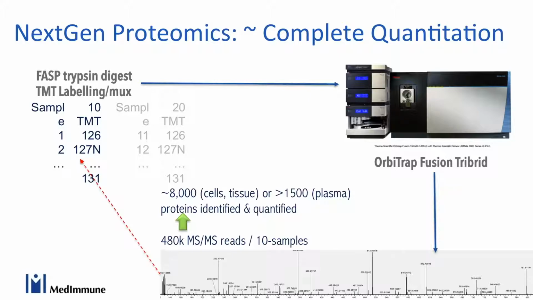We're doing much less in plasma because of the dynamic range and all the other problems. So we can start to provide quantitative information about the proteins and integrate it with genomics and transcriptomic data to answer biological problems.